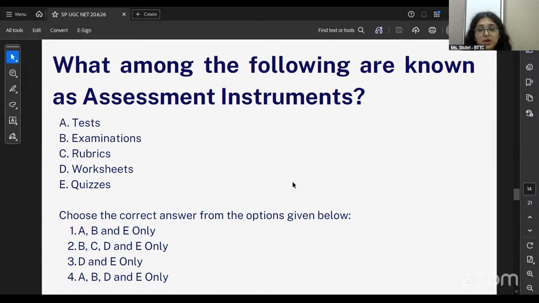If I just glance at the options, I feel like all of them make sense, like all of them are assessment instruments. So I thought maybe all five are there. But if I look at the options given below, there is no option that says all five are correct. So I was like, huh, now this is a trick question.